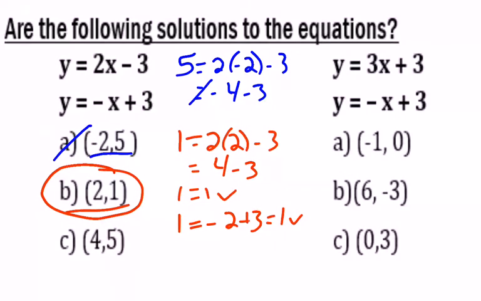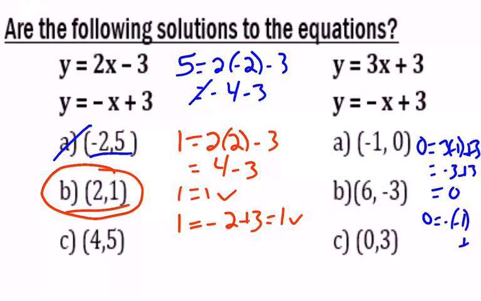So the next one, we're going to plug in 0 for y. So 0 equals 3 times -1 plus 3. That's a horrible plus, sorry about that. 3 times -1 is -3, plus 3 does give me 0. So now I'm going to try that in the second equation. 0 equals the opposite of -1 plus 3.